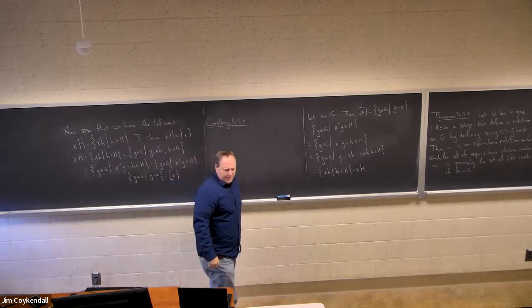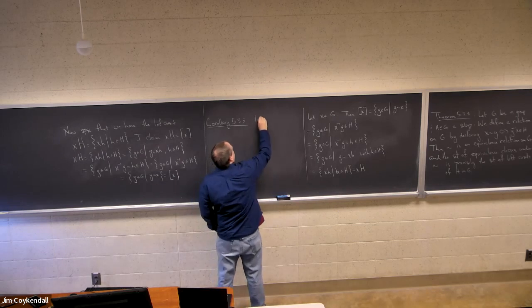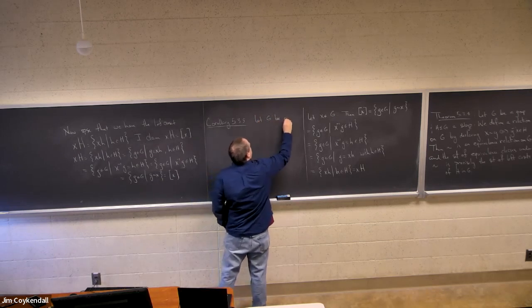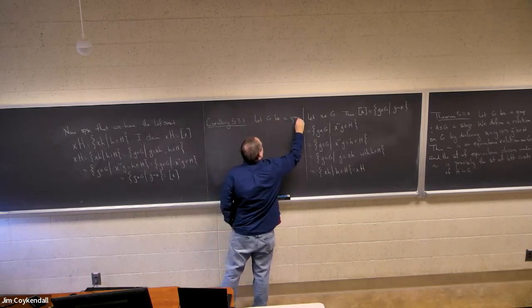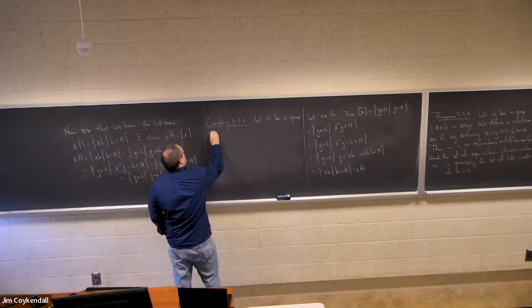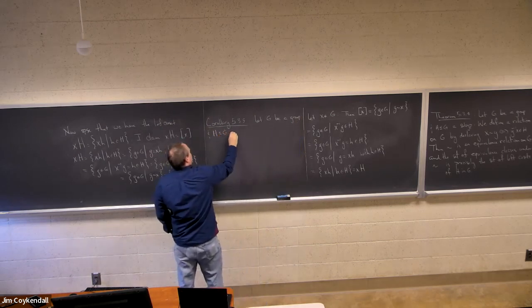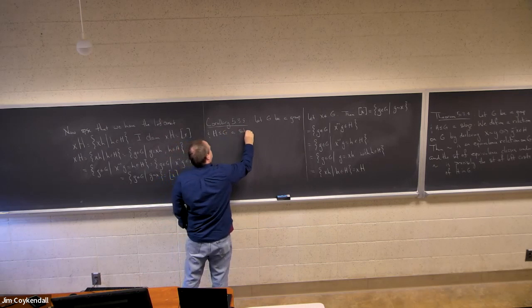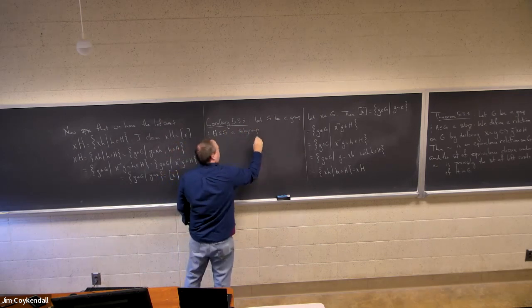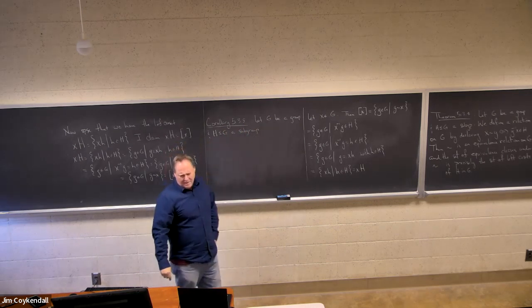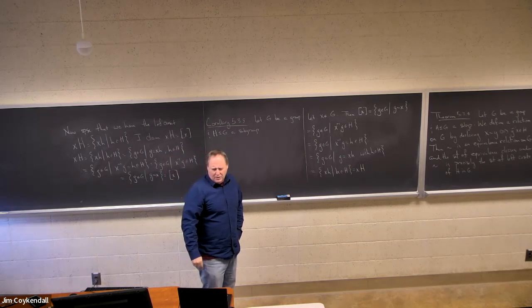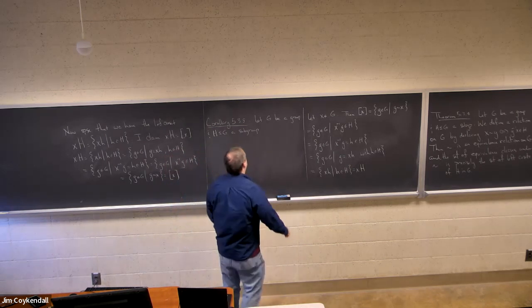Let G be a group and H a subgroup. Then the set of left cosets of H in G partition G.